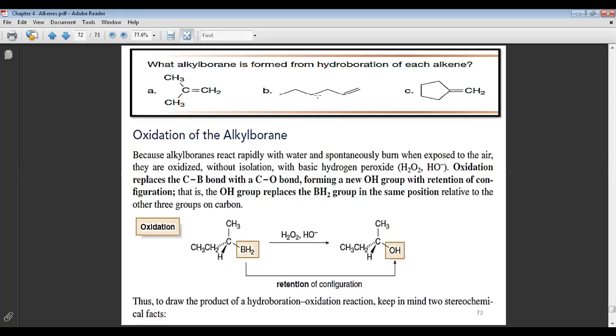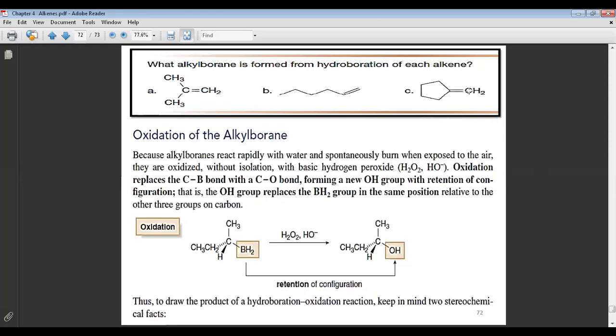And this one, symmetrical or not? Also not symmetrical, so the BH2 will bond to here. This alkene? Also not symmetrical, so the BH2 will bond to here.